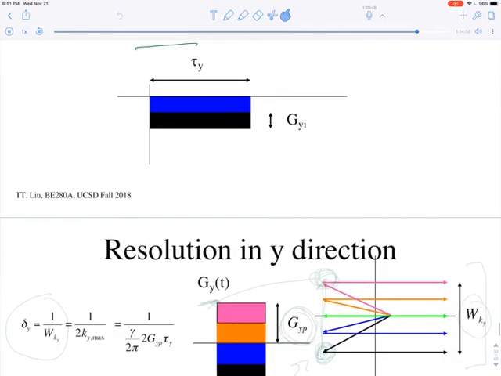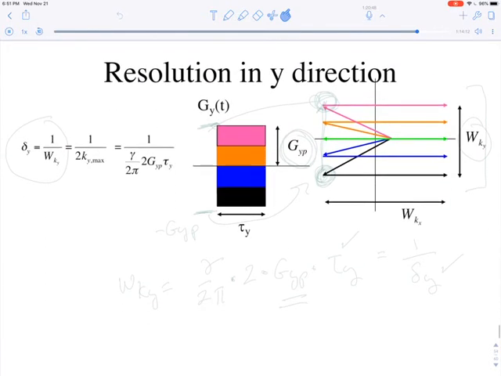The final thing I have to ask myself is, what is the width in k-space I go out in ky? That's given by delta ky equals 1 over delta y. One way you can think about it is to define the maximum gradient that you're going to apply in the y direction.